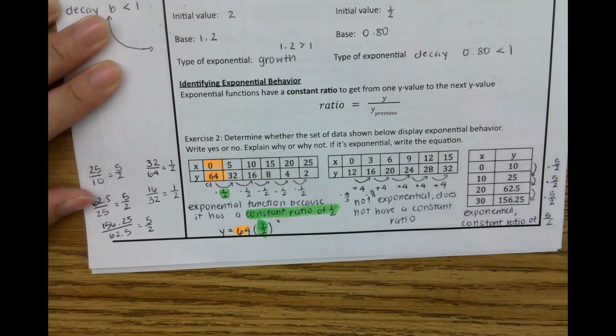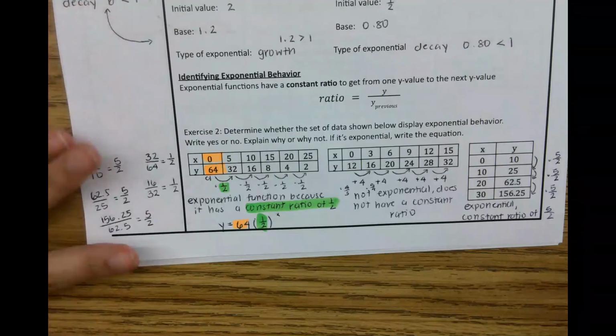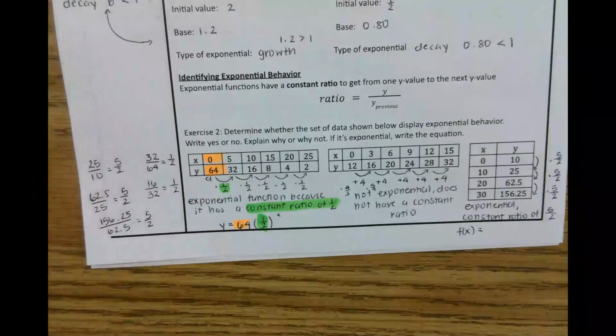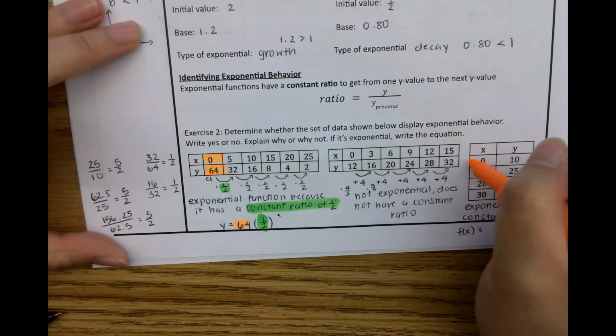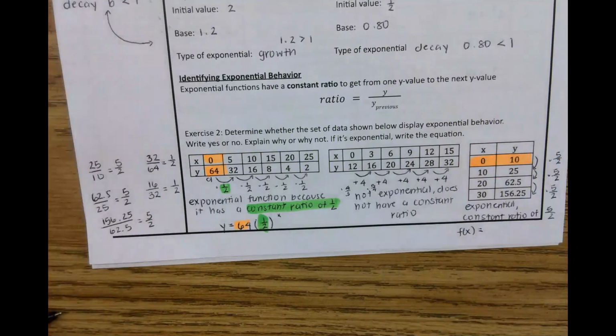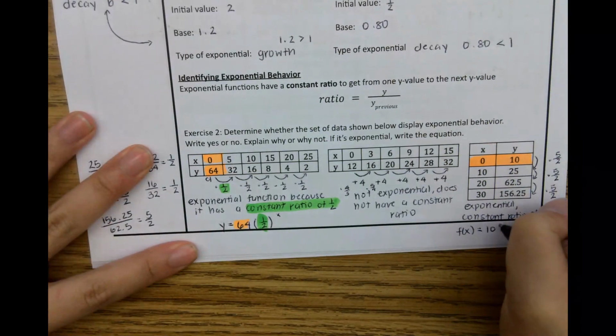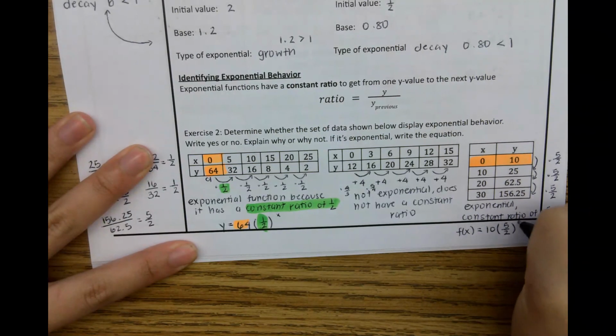Right? And so if I were to write it, y, or f of x, okay, again, doesn't matter, equals, I'm going to find my starting amount. So here is where my y-intercept is. Okay, so 10 times 5/2, which is my constant ratio, to the x power.